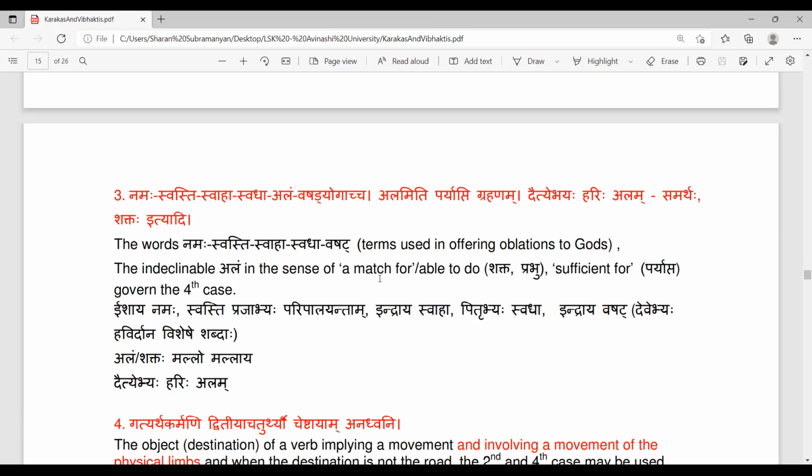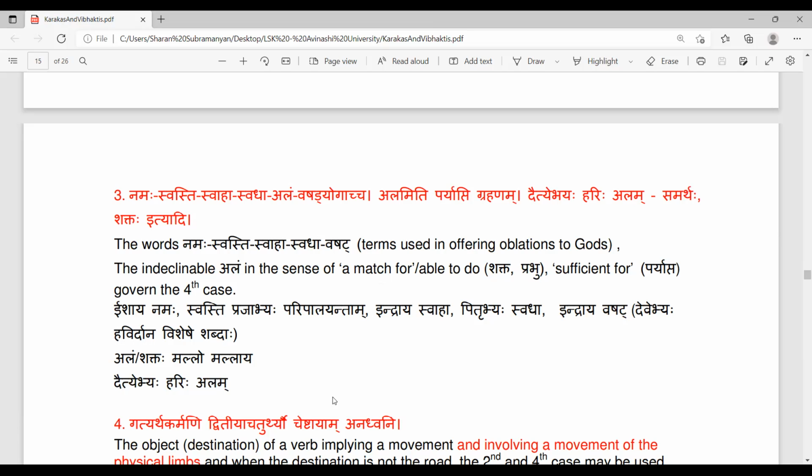Daityebhyah Harih Alam. For the Daitya, for the Asura, Hari is a match, a right match. So in that sense, when the word Alam is used, it governs the word Daitya in Chaturthi Vibhakti.